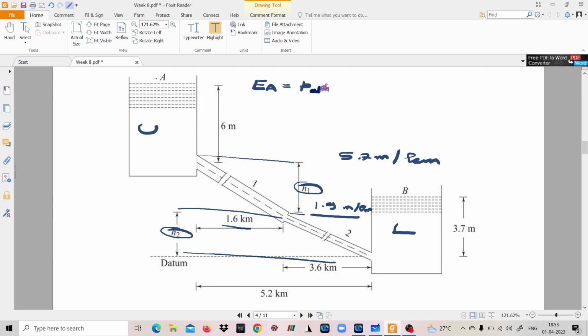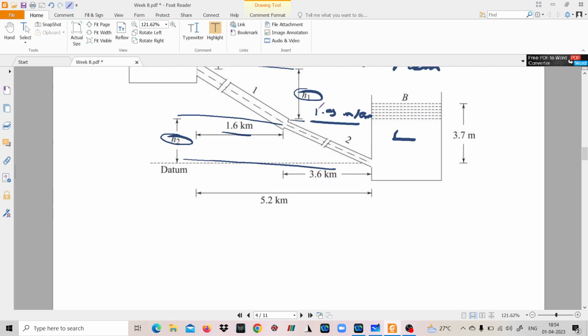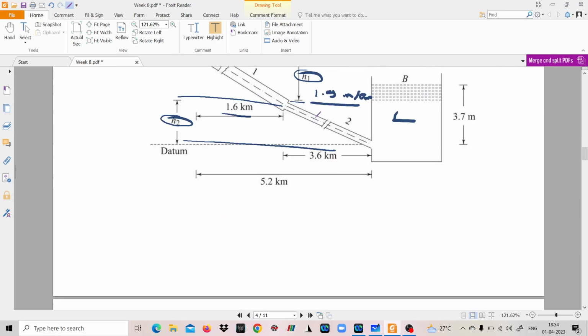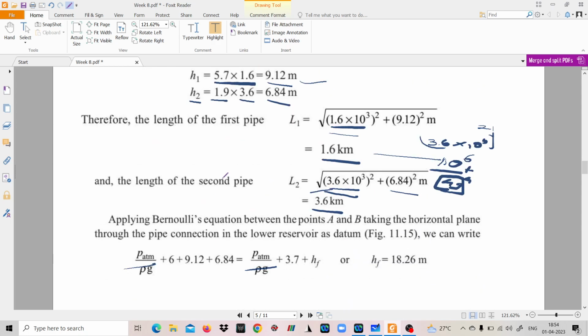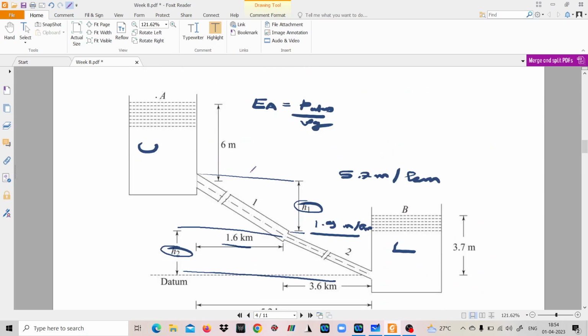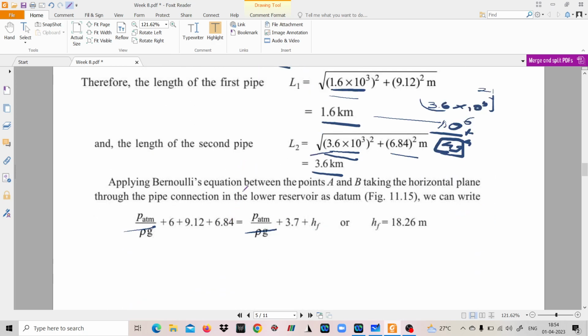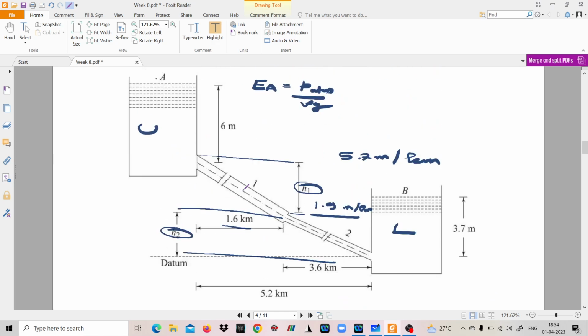So P atmospheric pressure divided by rho g is there. Apart from this, you are measuring with respect to C at point A. So P atmospheric by rho g, plus 6, this particular head. Then you have 9.12. What is 9.12?